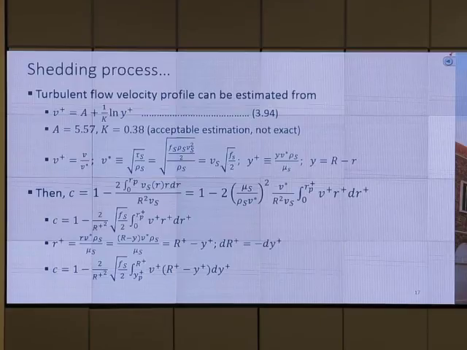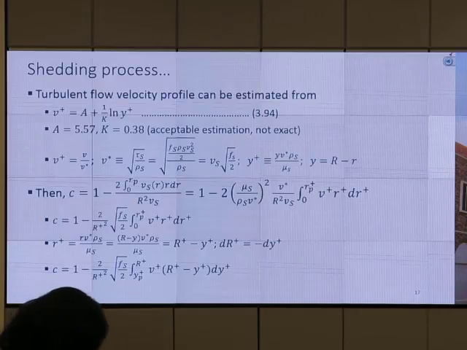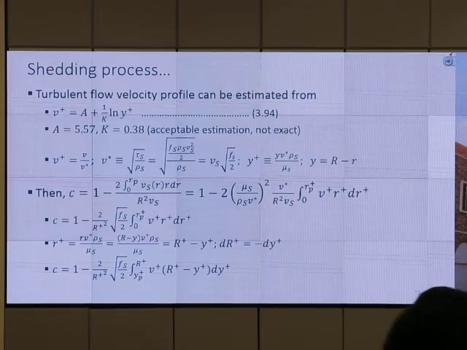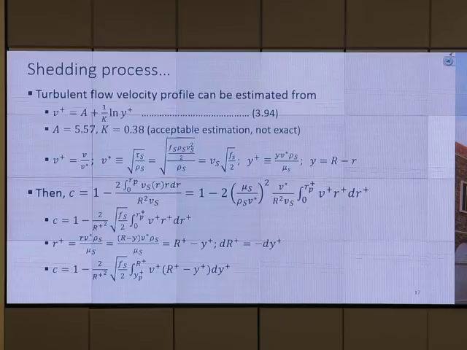When you plot against the real number, do you vary the speed? Velocity profile means velocity versus radius. The equation that I gave you is velocity versus radius. You remember v plus equals y plus for v plus less than 5?